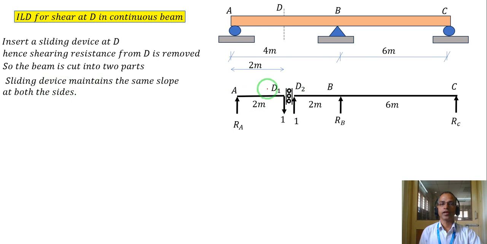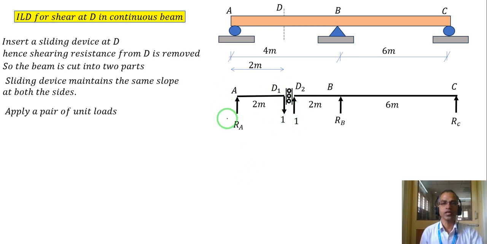The sliding device, very important point here, maintains the same slope at both sides of section D. That means the slope at D1 and the slope at D2 are the same. Then apply a unit load at D, that is a pair of unit loads.